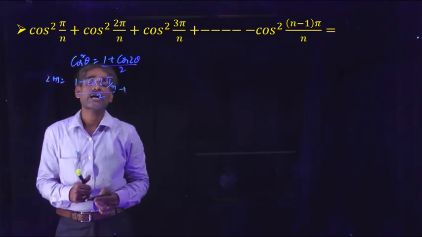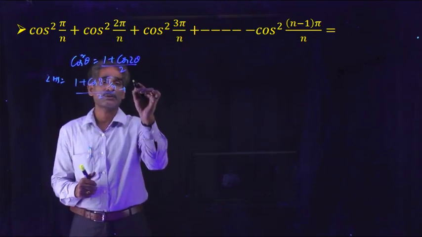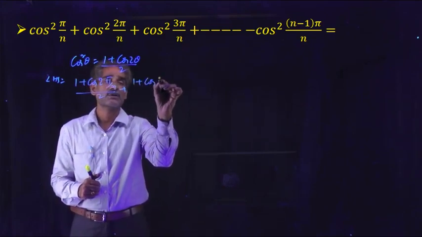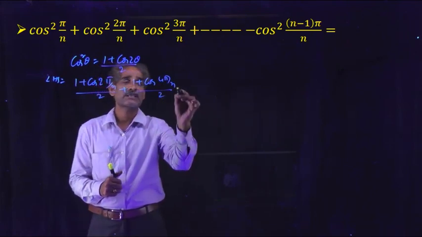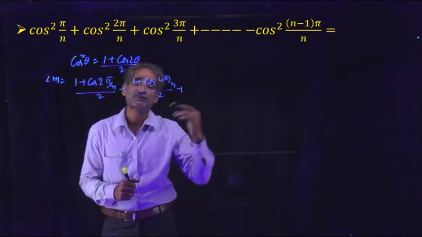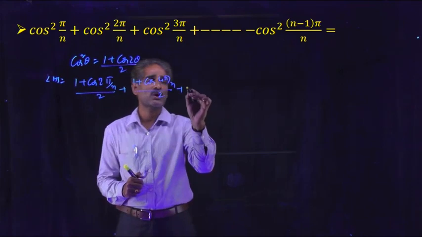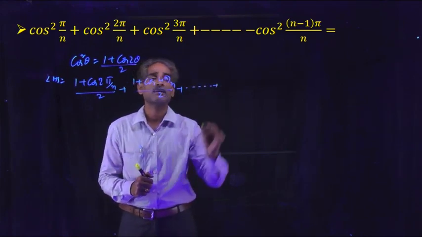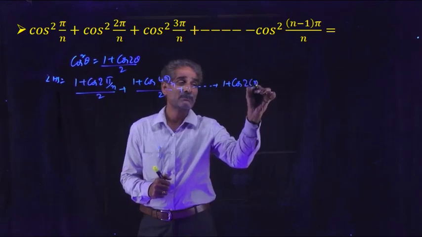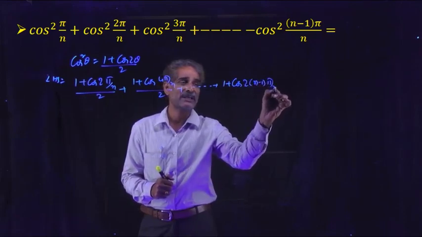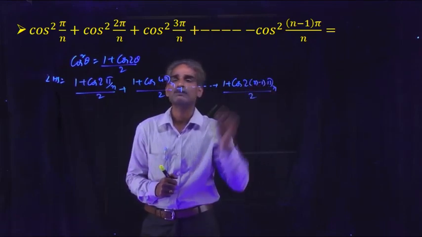Next, cos square 2 pi by n, that means (1 + cos 4 pi by n) by 2. Next, (1 + cos 6 pi by n) by 2, and so on, up to (1 + cos 2 into (n minus 1) into pi by n) by 2.